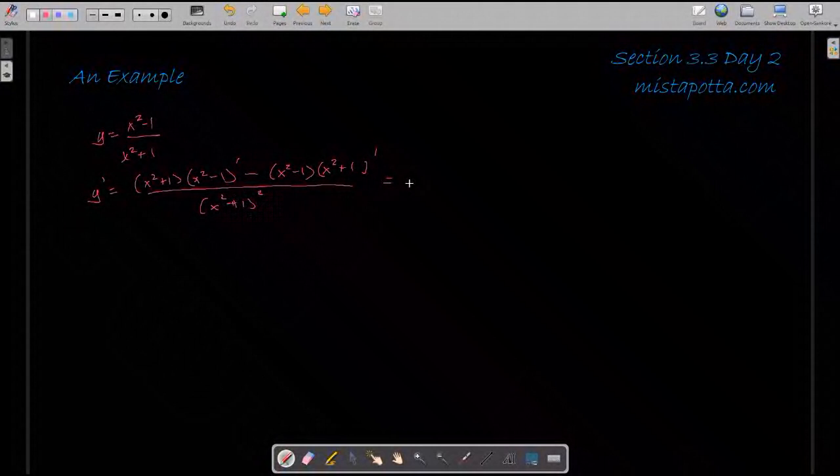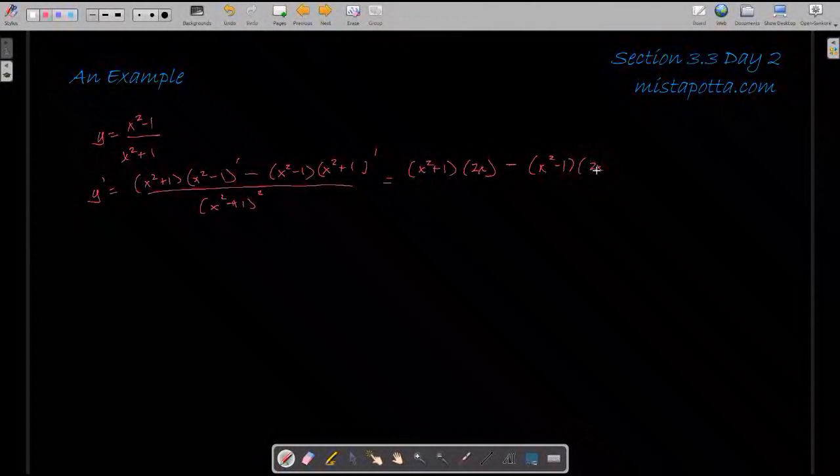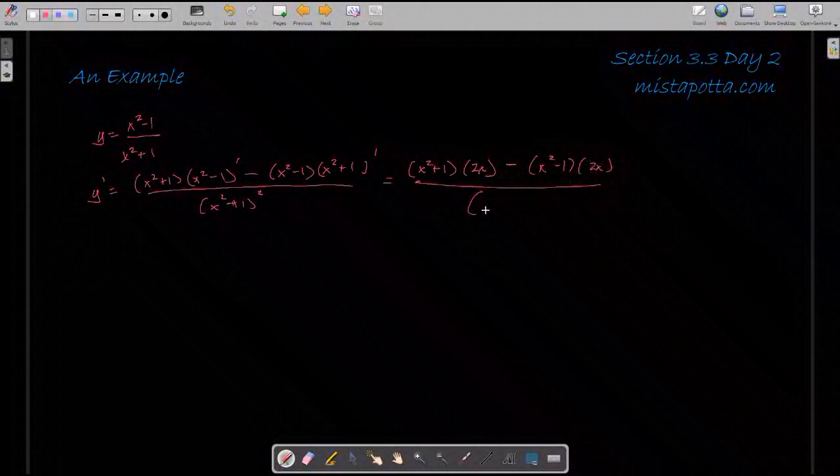And so this ends up being x squared plus 1 times 2x minus x squared minus 1 times 2x, all divided by x squared plus 1 squared. And this answer is good enough for the AP exam.